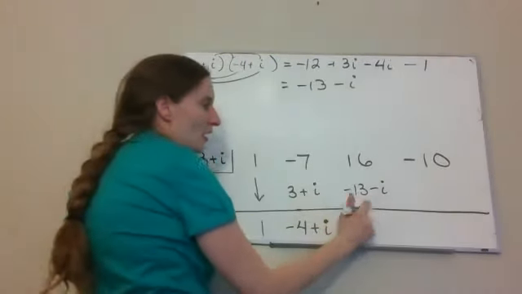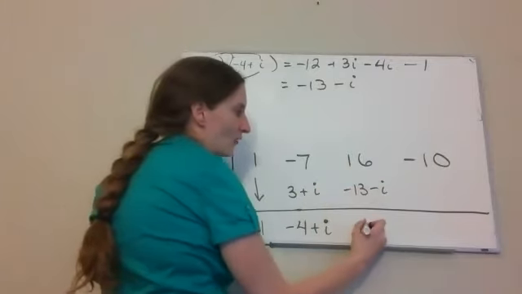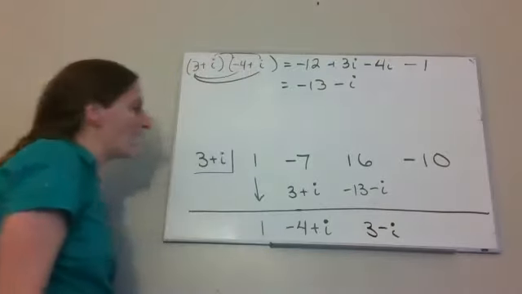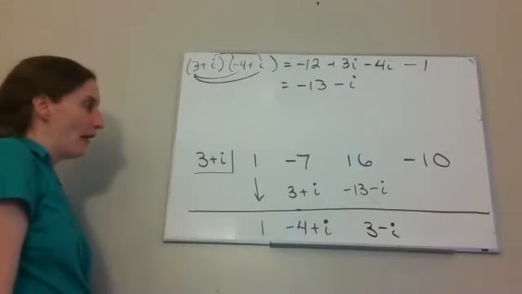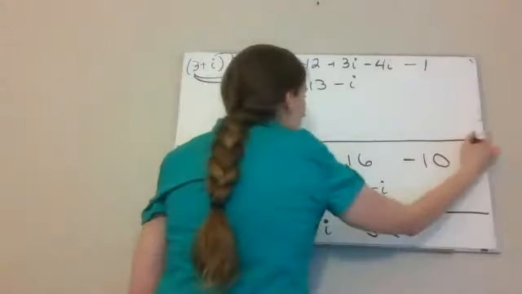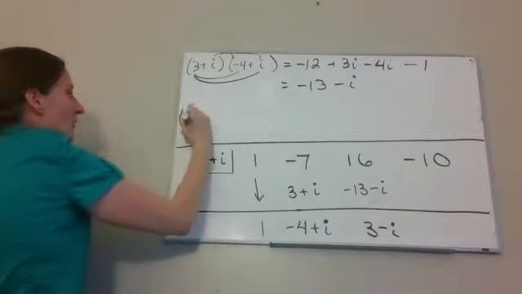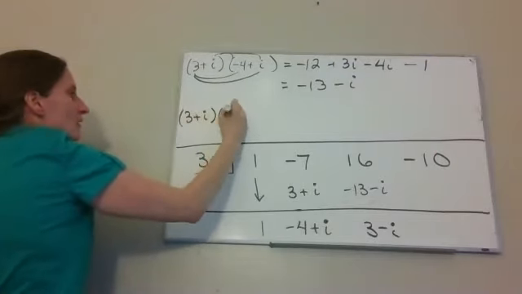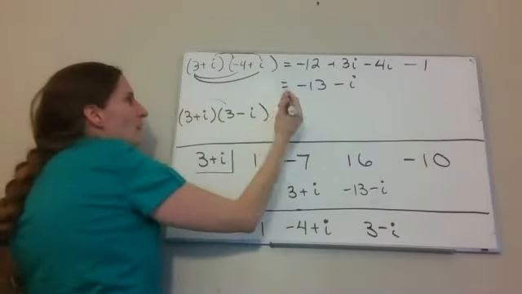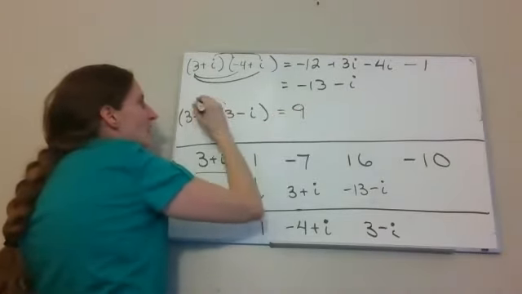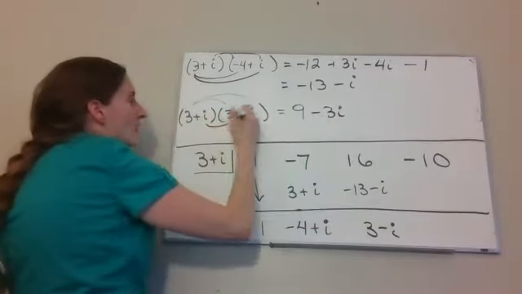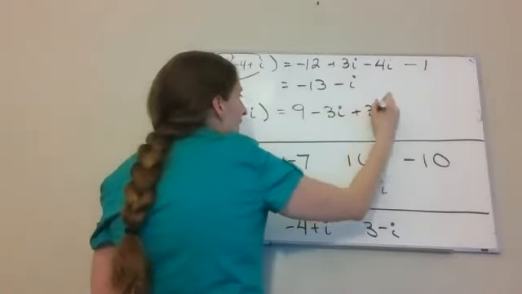Now when I add my column together, the 16 and the negative 13 make 3, and I have my minus i. So now I have to do 3 plus i times 3 minus i. And again, I'll go up here just to make sure we see all of the work. 3 times 3 is 9. 3 times negative i is negative 3i. i times 3 is 3i.